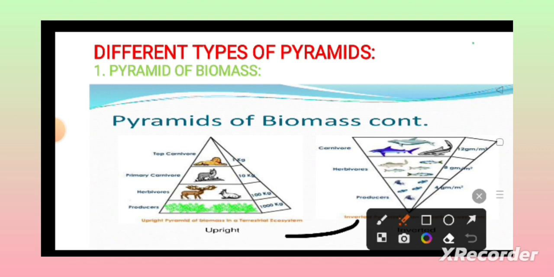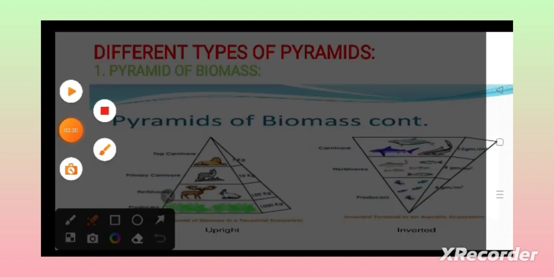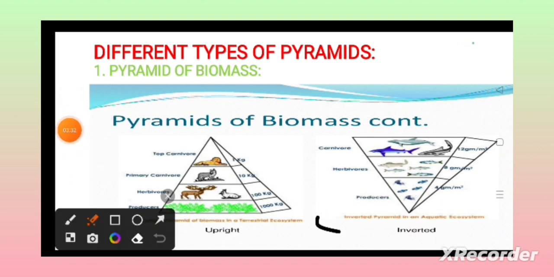In the terrestrial ecosystem it is upright in nature. The pyramid of biomass in the aquatic ecosystem shows a totally different pattern. It is inverted in shape. Small organisms like small planktons or small algae occupy the primary producer level, which is very low in biomass, that is, very low in weight.